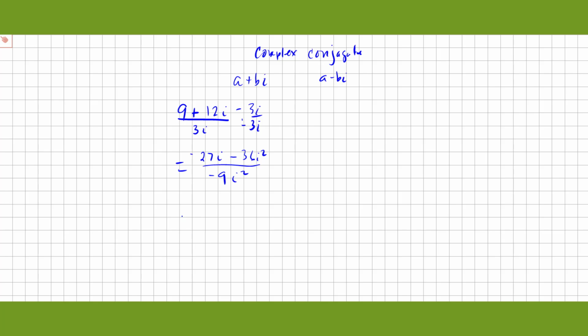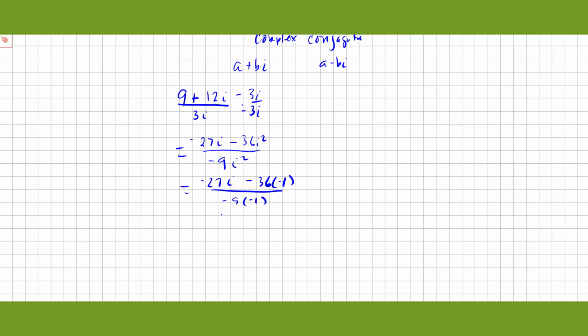So we're going to take that i squared at the top and the bottom, and we're going to substitute in negative 1. So I've got negative 27i minus 36 times negative 1, all of that over negative 9 times negative 1, right? Simplify that.